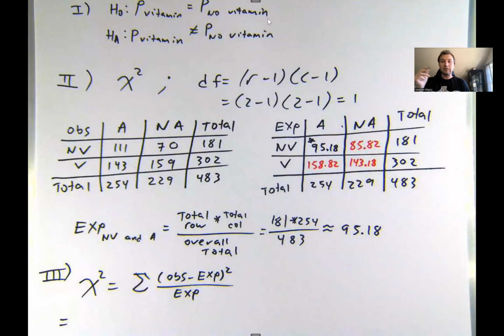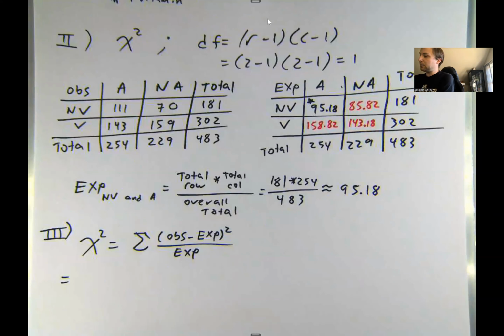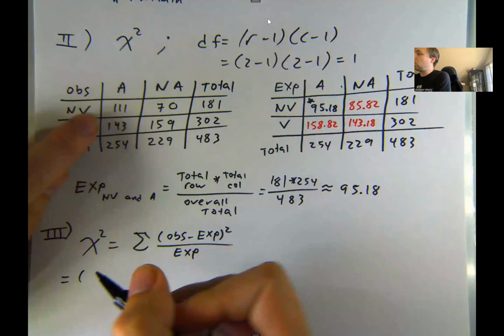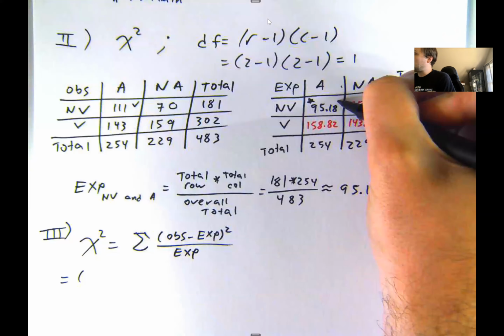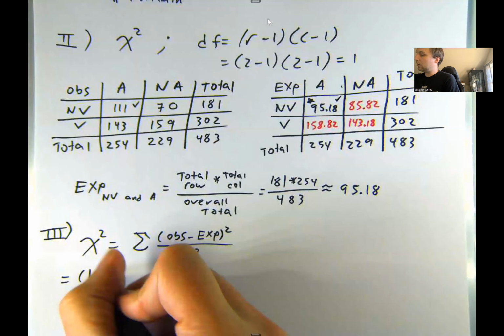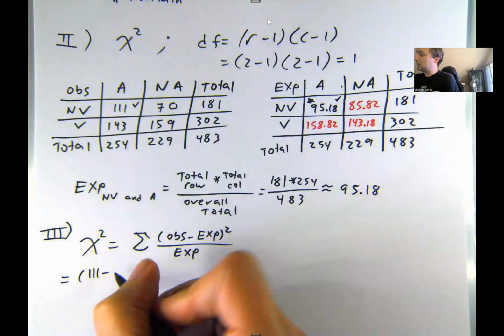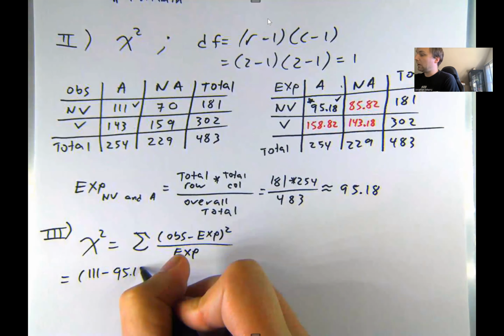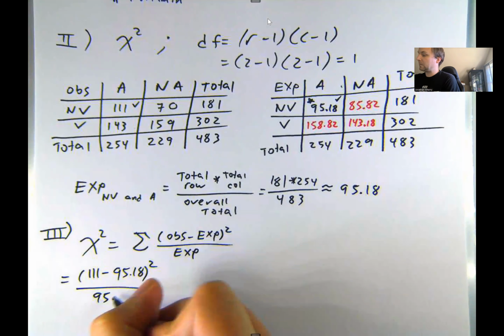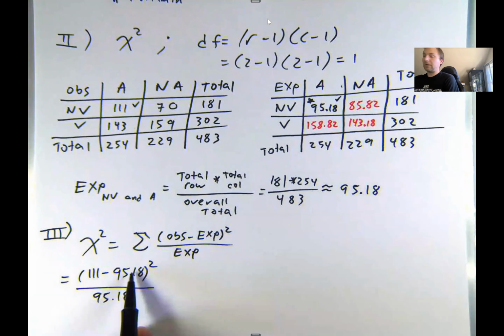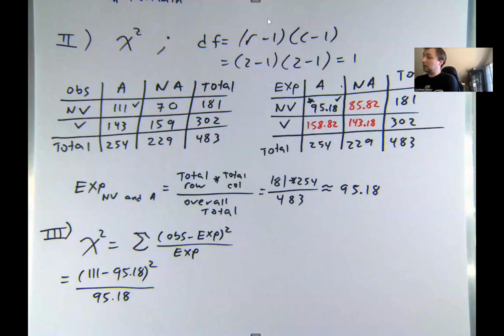I want to make sure that I am pairing these things up. So this 111 here is going to get paired up with the expected of 95.18. So I have observed minus expected squared over expected.